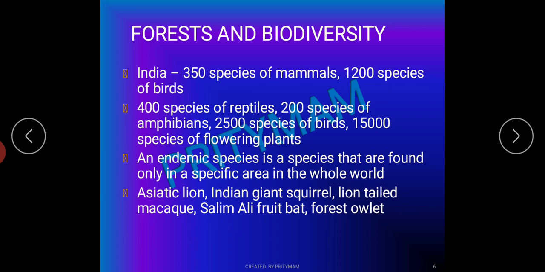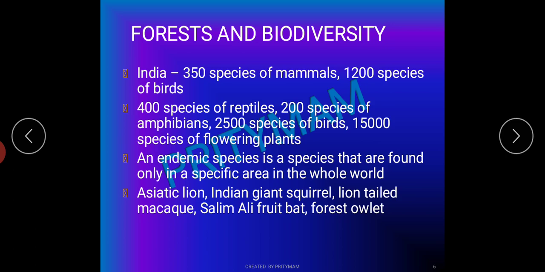It is estimated that India as a whole is home to nearly 315 species of mammals. There are more than 1,200 species of birds. 400 species of different reptiles are there in India, and 200 species of amphibians.